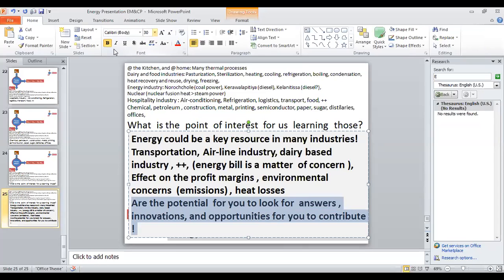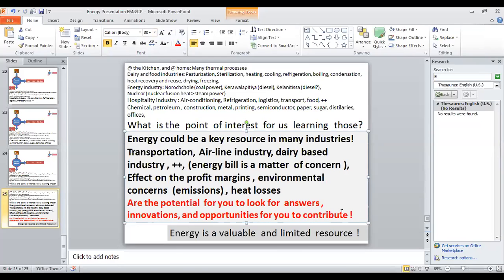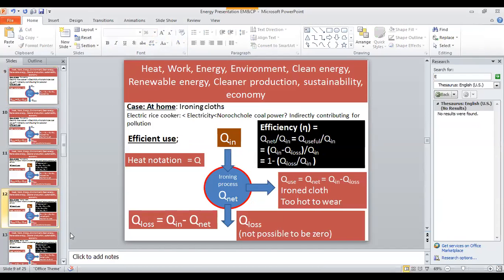You will see the opportunities. That's why your sense of interest is very important for energy.